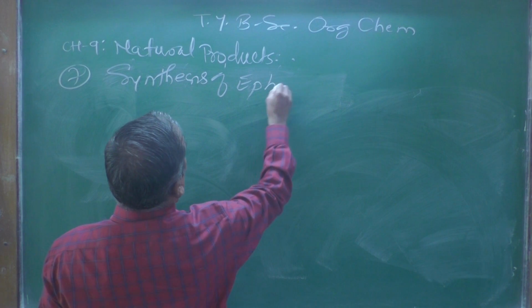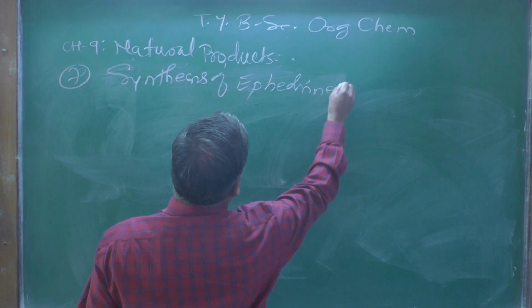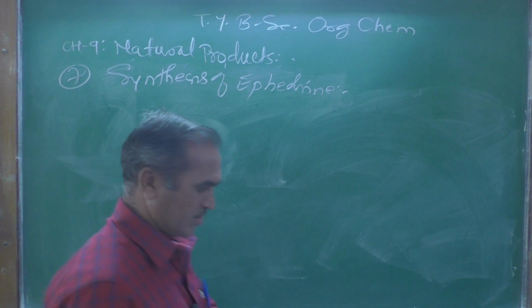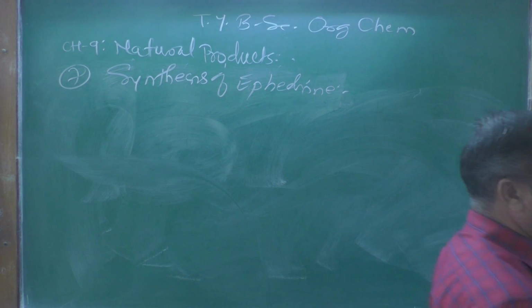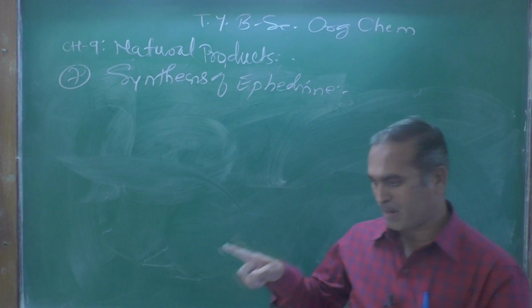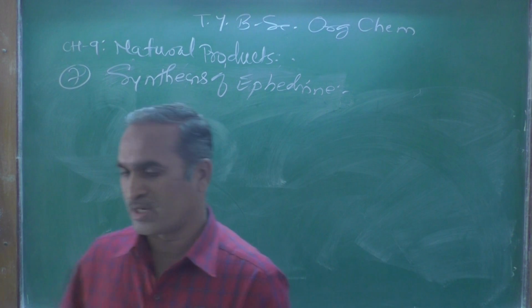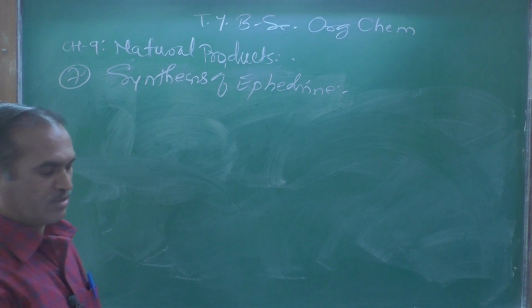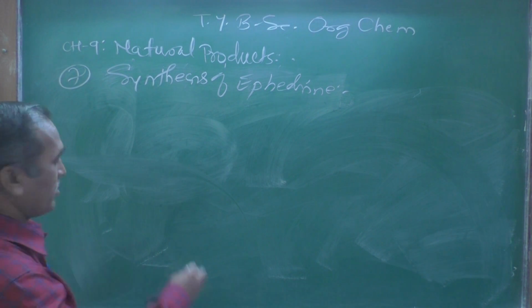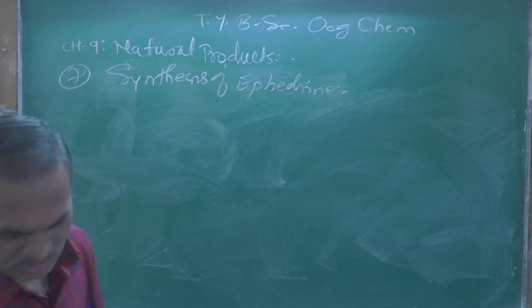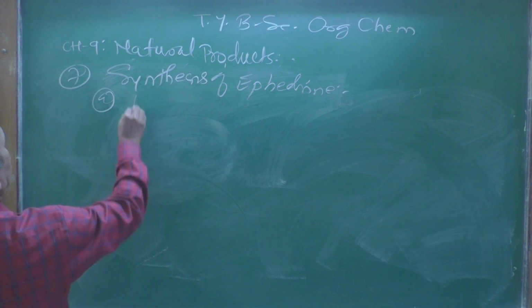This synthesis was done for the first time in the laboratory by a scientist, and the name of that scientist is given to that synthesis, which is known as the Nagai synthesis.